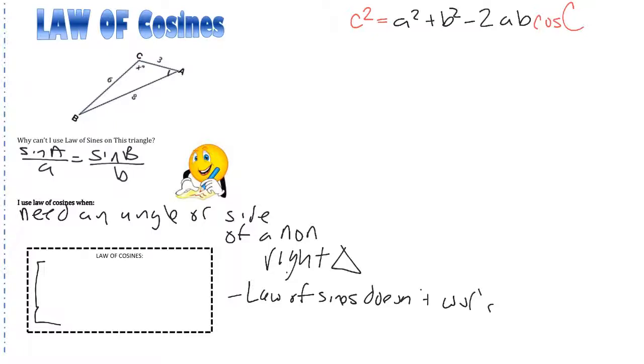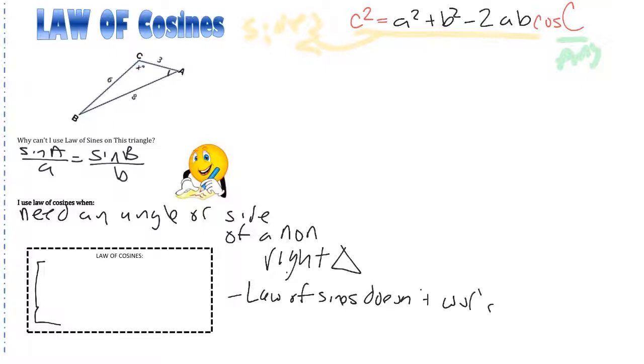A few things to notice about this equation. All these letters in the beginning, c squared, a squared, b squared, are talking about sides. The last letter, capital C, is talking about an angle.